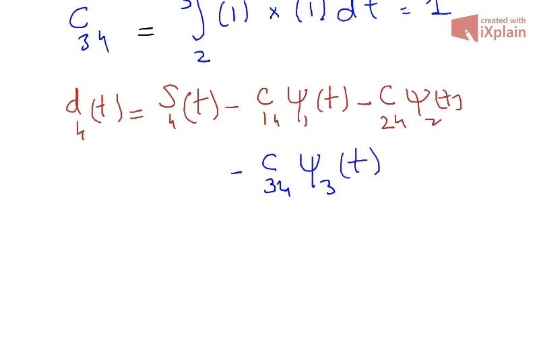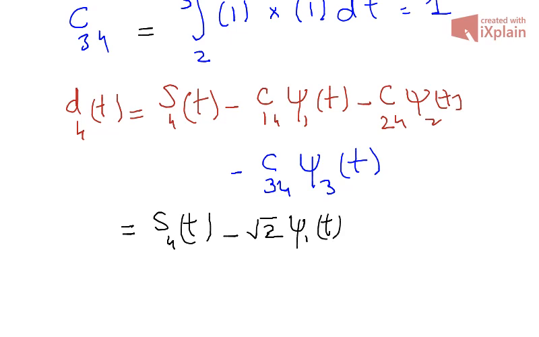Now C14, if you go back to your slide, is under root 2. So we have S4 of t minus square root 2 psi 1 of t.